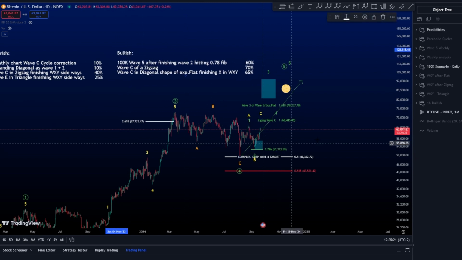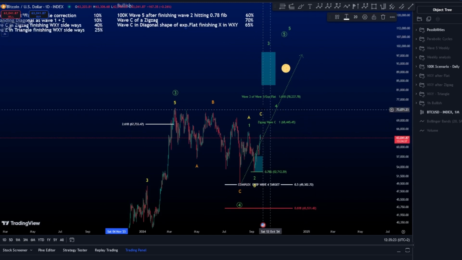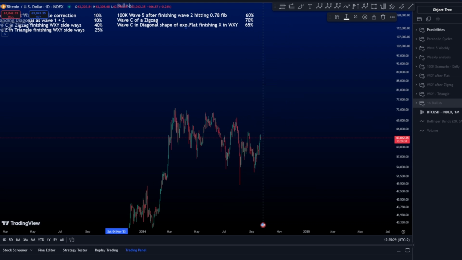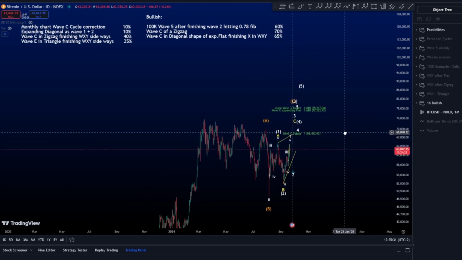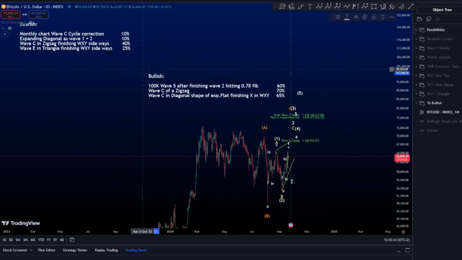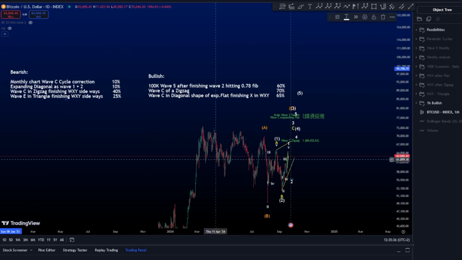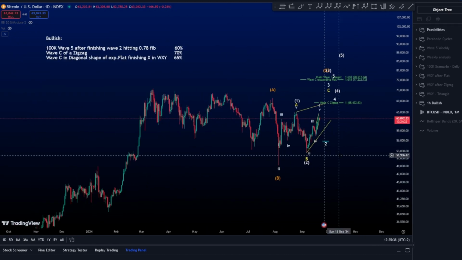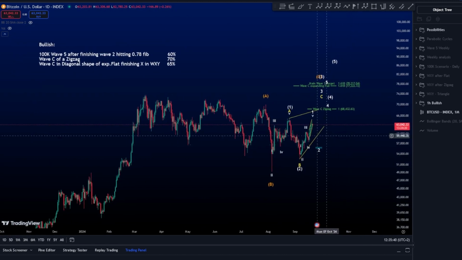Because before getting there, we have several targets first, right? Those targets are in different bullish scenarios, of course. However, once we reach those targets, we might change structure.